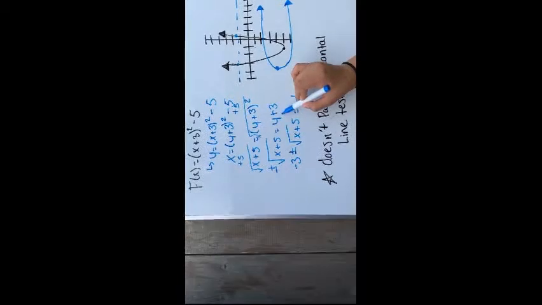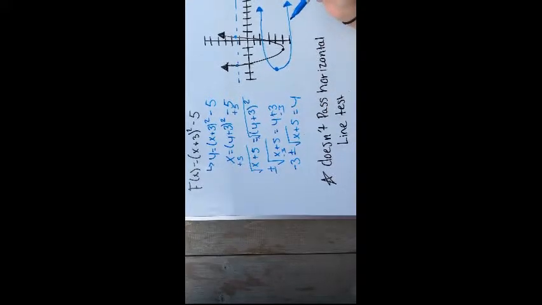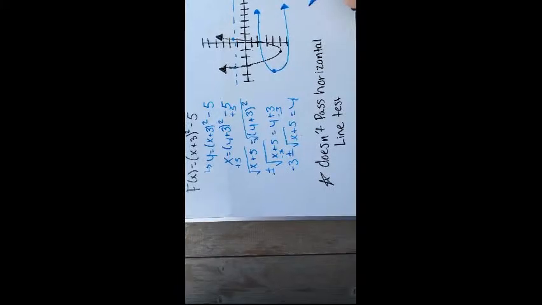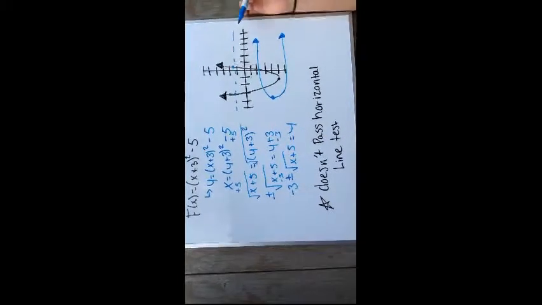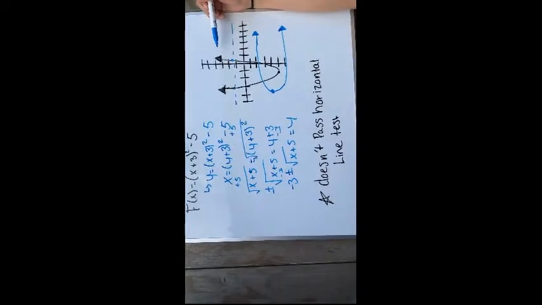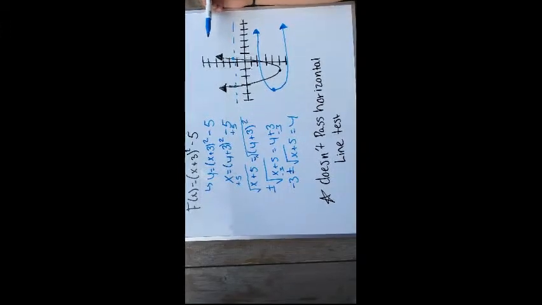And then you would subtract 3 from both sides, and you would get negative 3 plus or minus the square root of x plus 5 equals y. And when you graph this, the black parabola is a representation of y equals (x plus 3) squared minus 5.